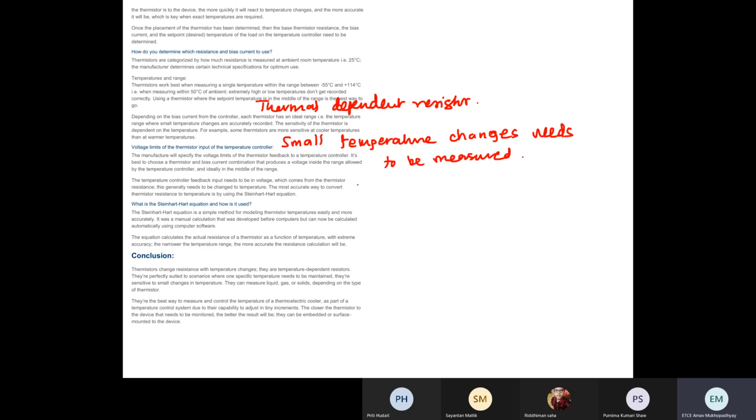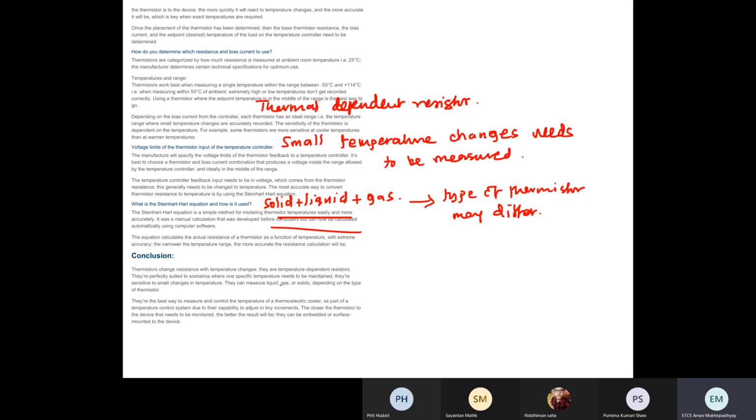They can measure the temperature of liquid, solid, and gas, but the thermistor type will differ. Some require attachment to the solid, some require dipping, like the wire type thermistor or cylindrical thermistor, which will be dipped into the liquid.